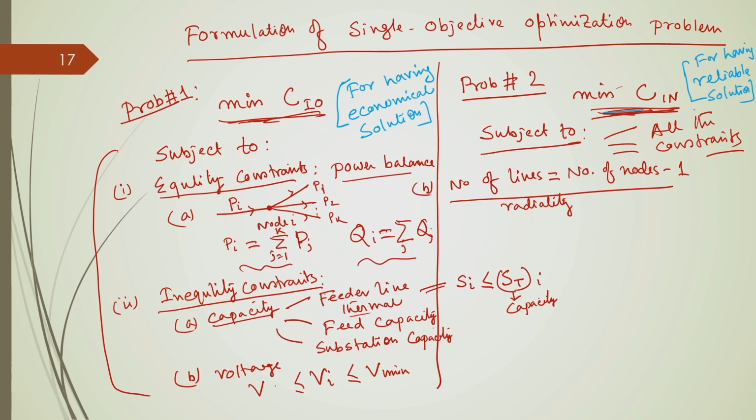So, by optimizing this we will get an economical solution, and by optimizing this we will get a reliable solution. So, we will consider the two problems separately, and one time we will optimize this, another time we will optimize that, but in both cases we have the same constraints. Okay. So, this is problem 1 or case 1, and this is problem 2 or case 2.